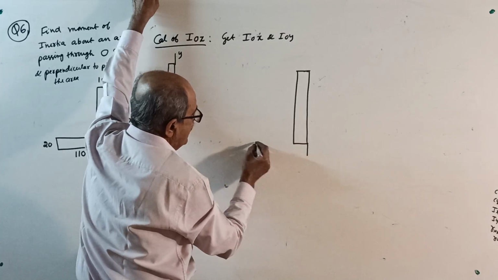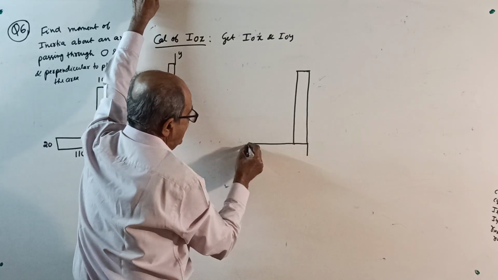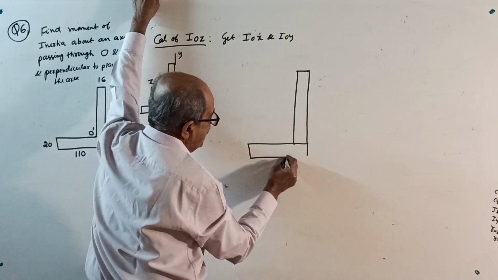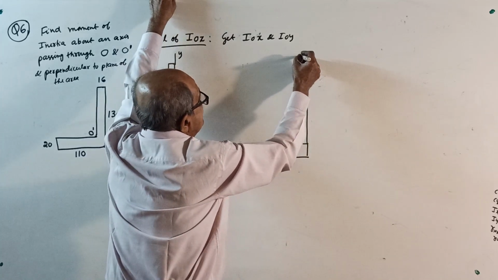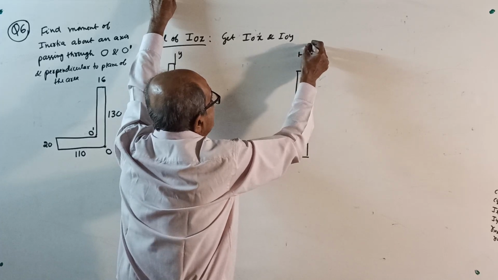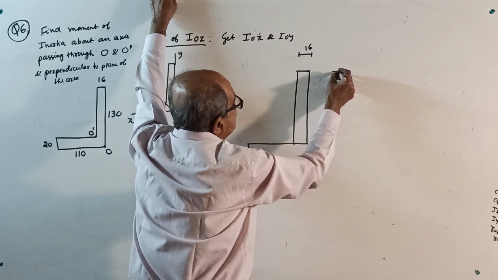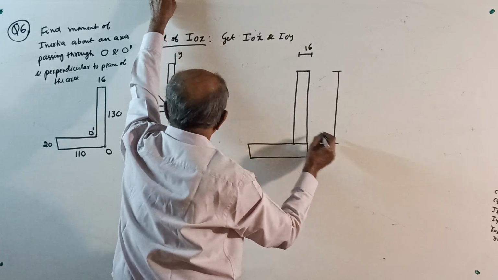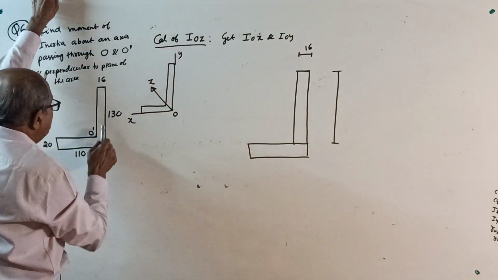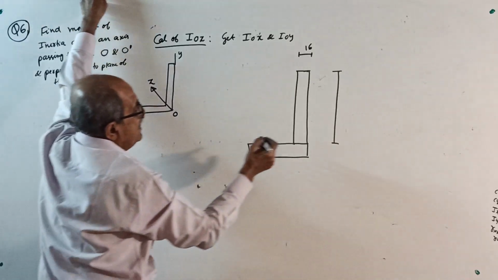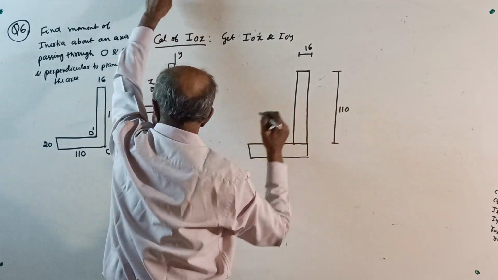Next, I will take one more rectangle here, this way. Thickness is little more. This depth is, see correctly here, from 130 subtract 20, 110.